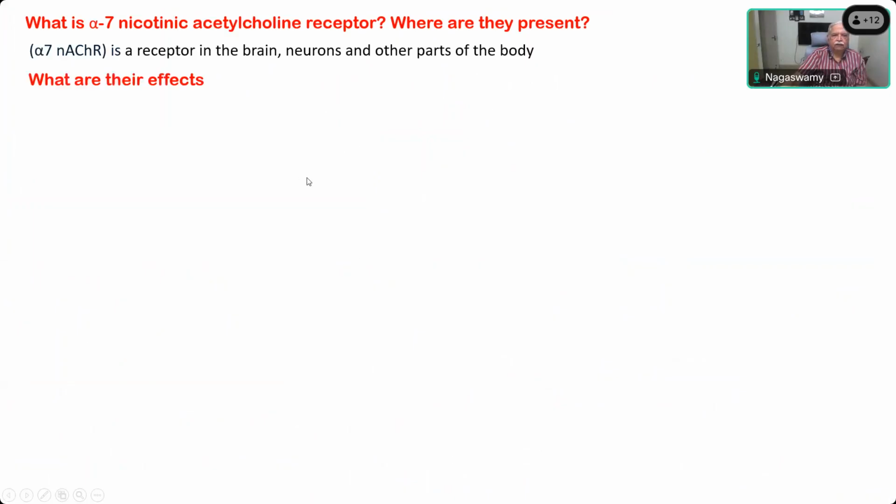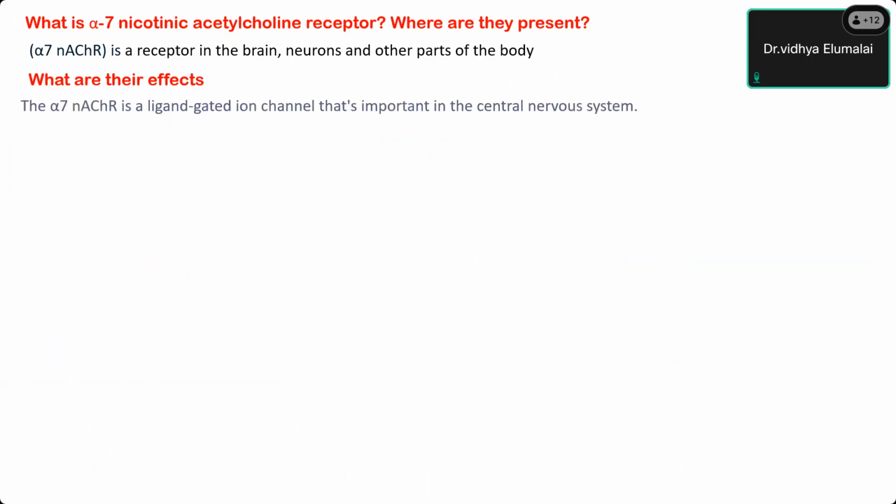What are their effects? Neurotransmission. It's a ligand-gated ion channel that is important in the central nervous system. So what is the difference in this particular ligand-gated channel? What ion does it permit compared to the other neuromuscular nicotinic receptors at the neuromuscular junction?